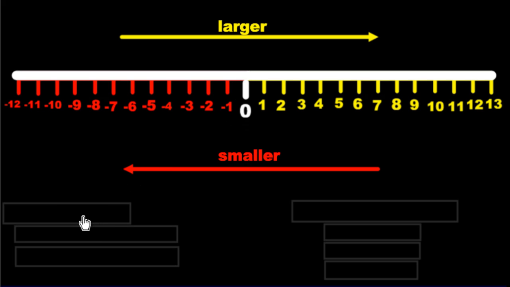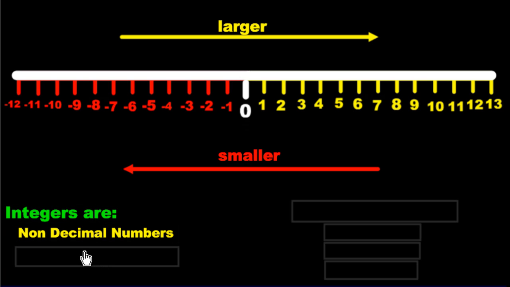Now, what are integers? What's the definition of an integer? Integers are non-decimal numbers. That's very important. If I take this number 1, which right now is an integer, we don't see any decimal, but if I take that number 1 and I write it like this, 1.0, it means the same thing. 1.0 is 1.